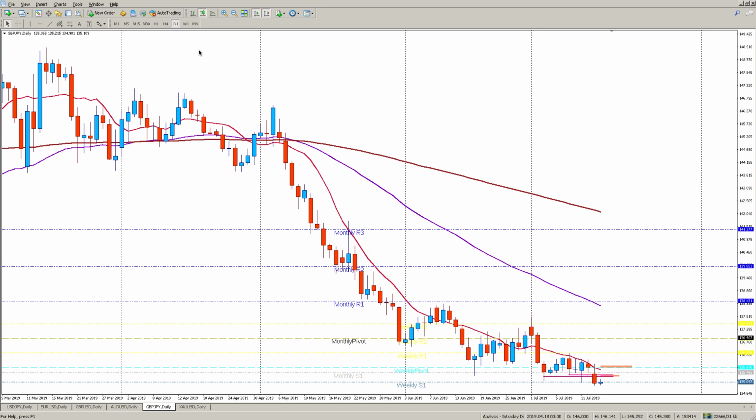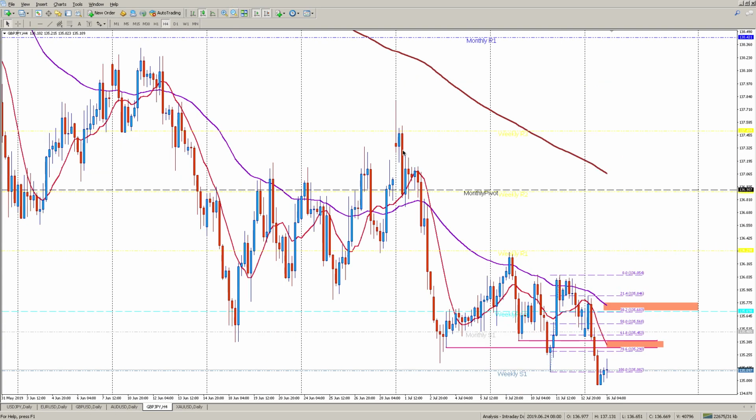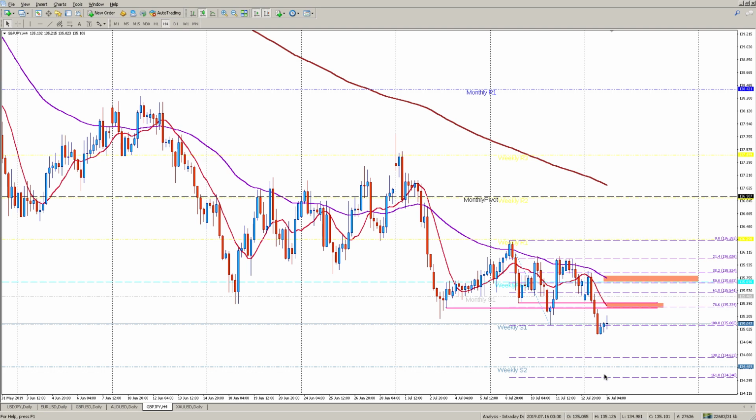Okay, let's see whether we have additional confluences with, say, our Fibonacci. We'll set the Fibonacci level from the swing low of last week to the swing high. And yeah, the weekly S2 pivot is right in the middle between these two Fibonacci levels.